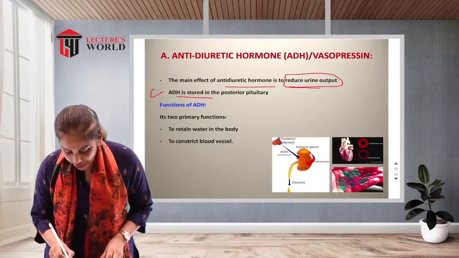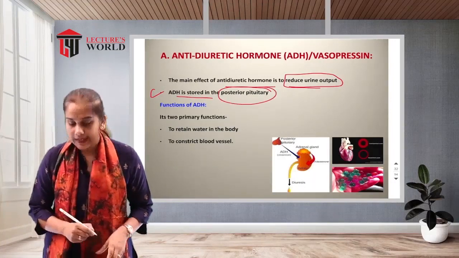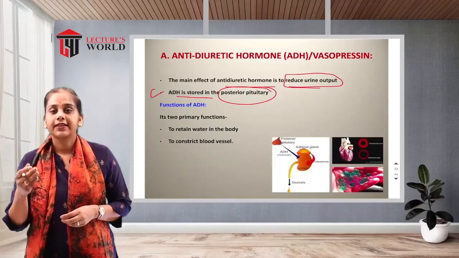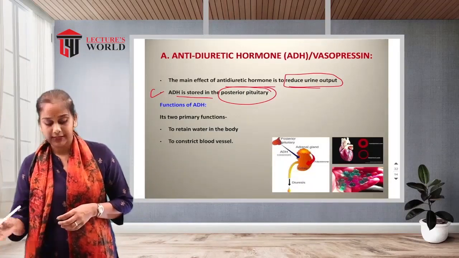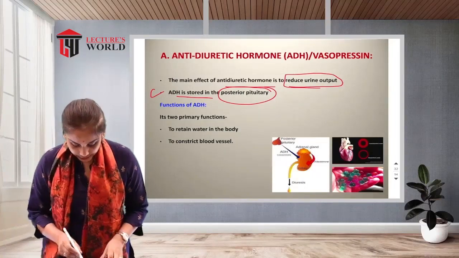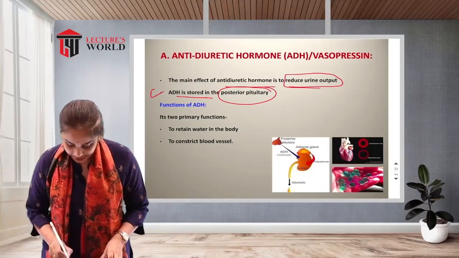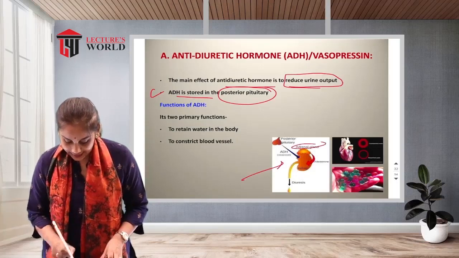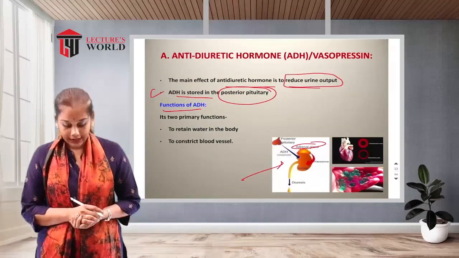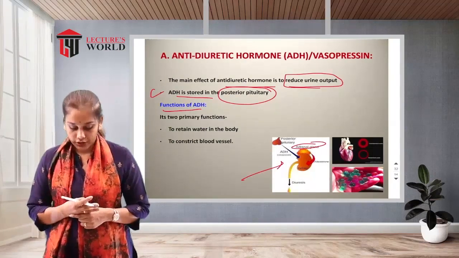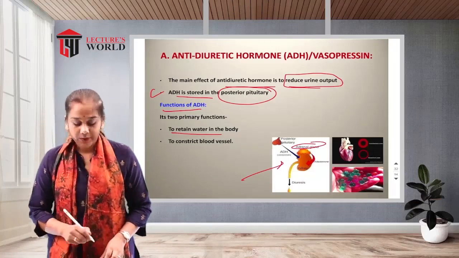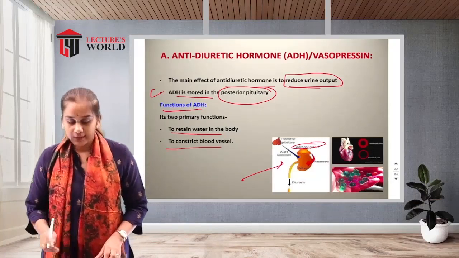ADH is stored in the posterior pituitary gland and secreted into the blood, and this hormone goes directly to the adrenal gland over the kidney. You can see in this figure, this is the adrenal gland. There are two major functions of ADH: to retain water in the body and to constrict the blood vessels.